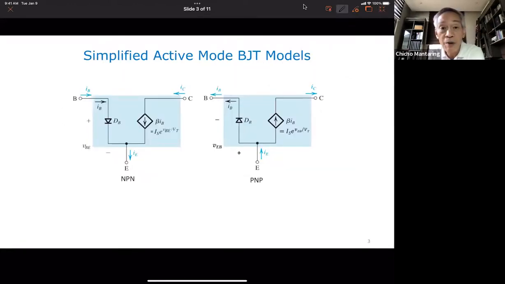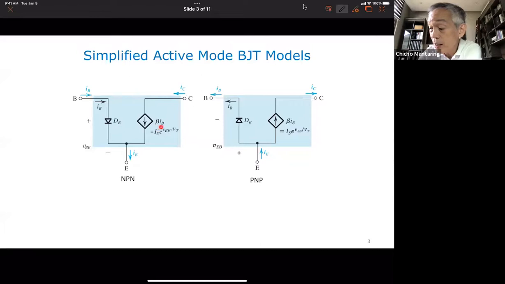Okay, so here are our simplified active mode BJT models. What I have here is a controlled current source that forms my collector current. It can either be a current-controlled current source, with beta as the control variable, or a voltage-controlled current source, although this is non-linear, where you use the exponential expression for IC in terms of VBE.